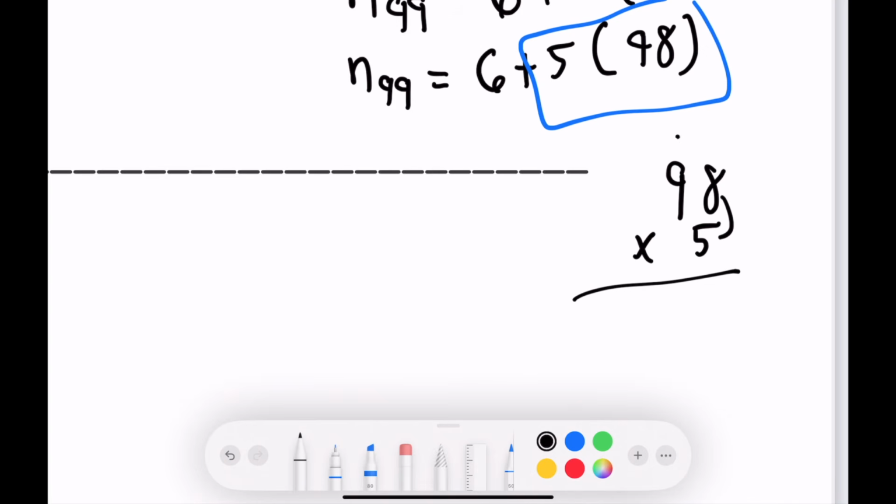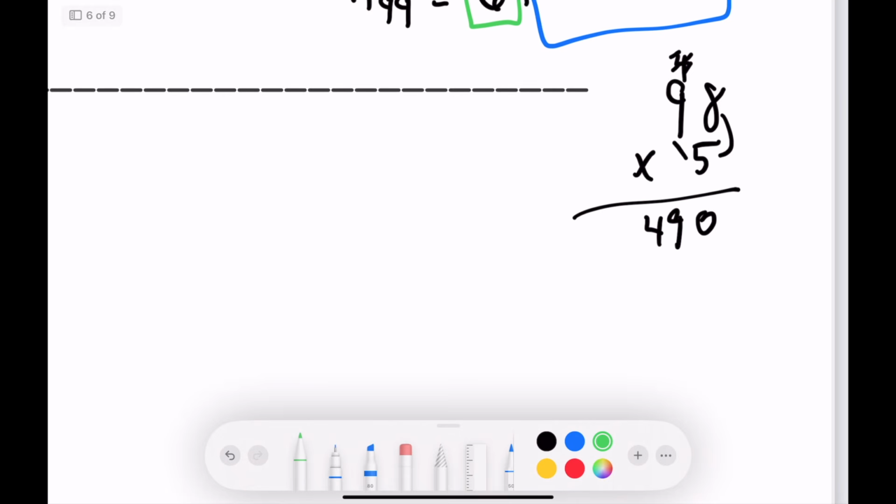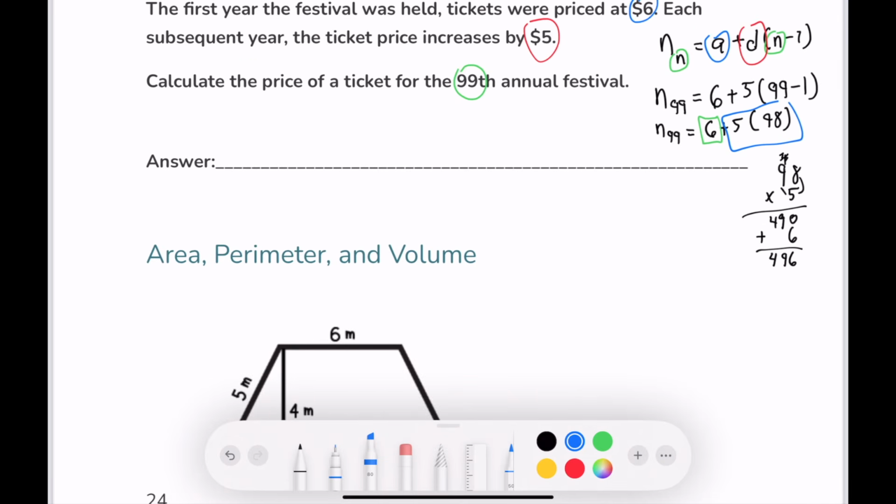5 times 8 is 40. 9 times 5 is 45, plus the 4 is 49, so 490. However, we still have this extremely patient 6 up here, where we are now going to add that 6. And 490 plus 6 is 496. And that 496, of course, is the price of a ticket in the 99th year.